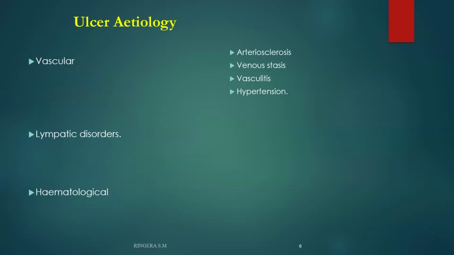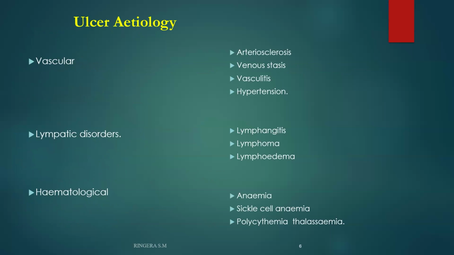So several etiologies which we deal with here: a patient will come with a vascular etiology, touching on the vein or the artery, or lymphatic problems that contribute a lot to those patients who come with what we call atypical etiologies, which are very difficult to manage as well, and hematological issues like anemia and sickle cell anemia.